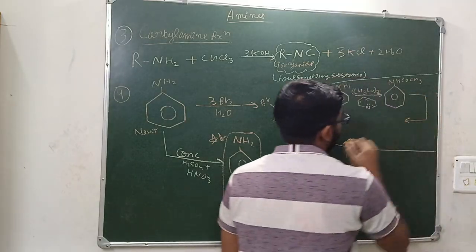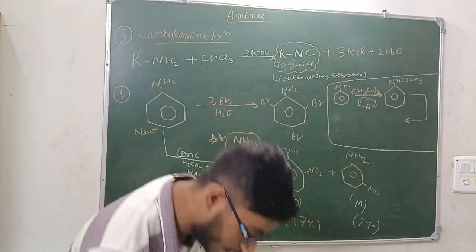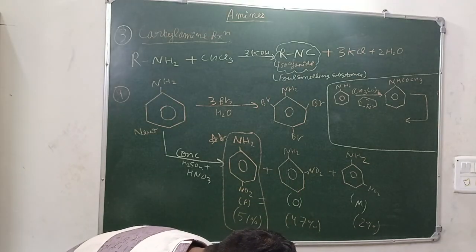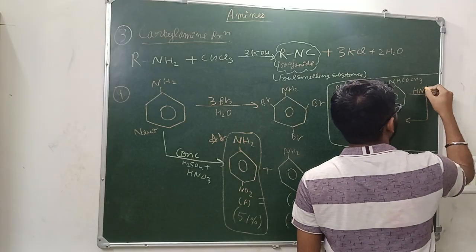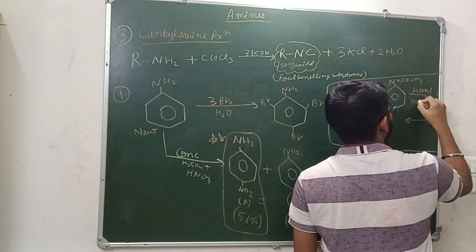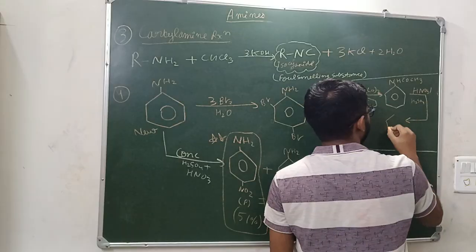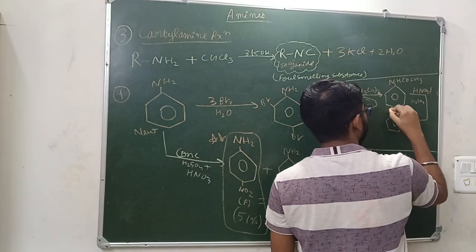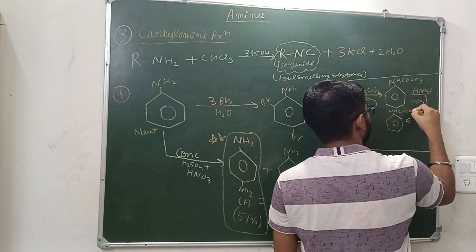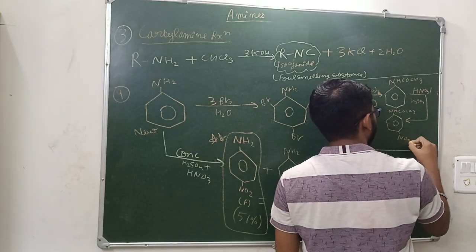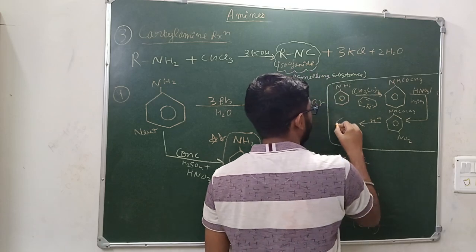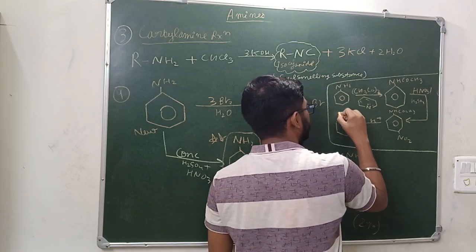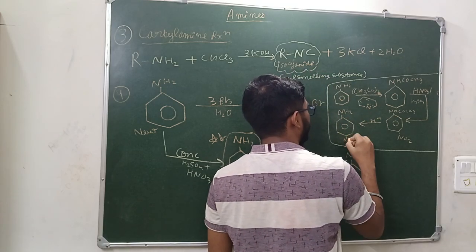Then you react this with HNO3 and H2SO4. So this will also make NO2 here, and then you react this with acidic H plus, so the COCH3 group will leave and our final product is made.